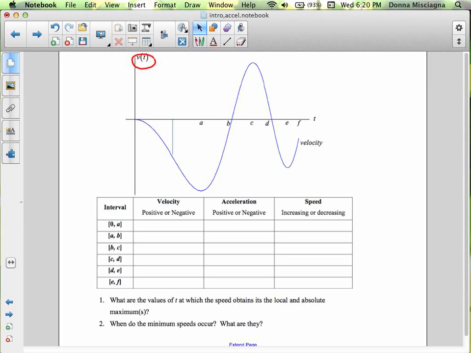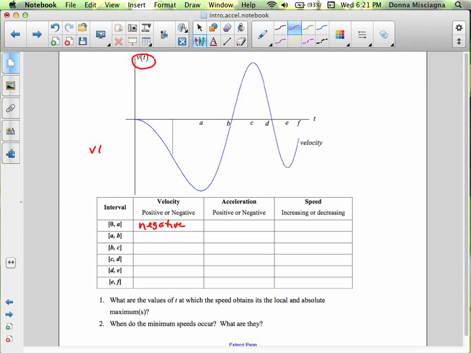So from 0 to A, and we're going to try to put some reasonings in here. I don't think we can fit it in the table, but maybe we can fit it on the graph. So from 0 to A, is the velocity positive or negative? The velocity is negative. All right, let's put a little reason on here on the graph.